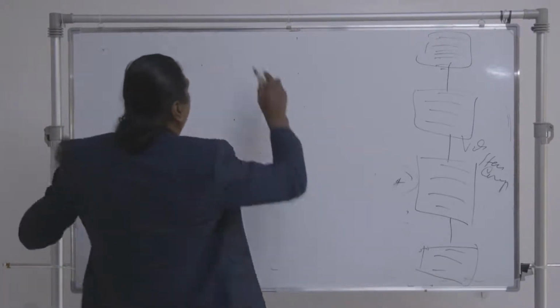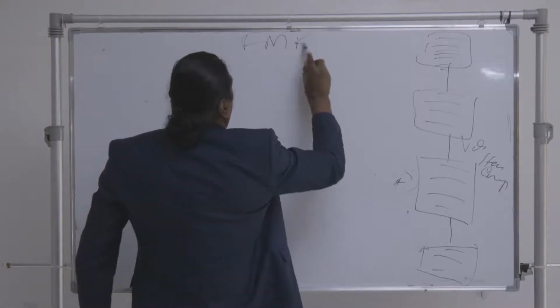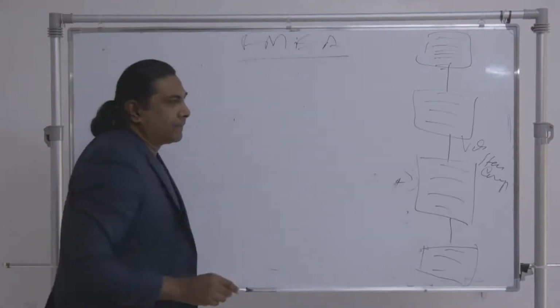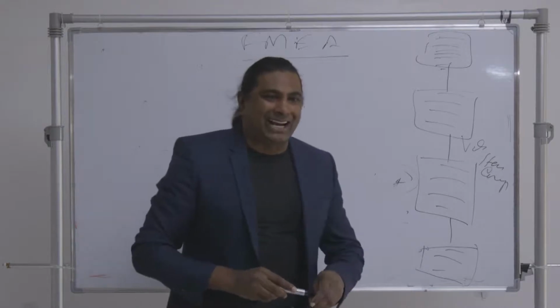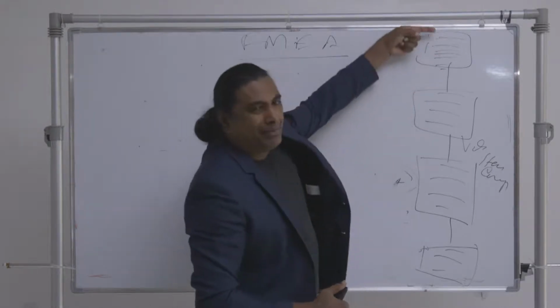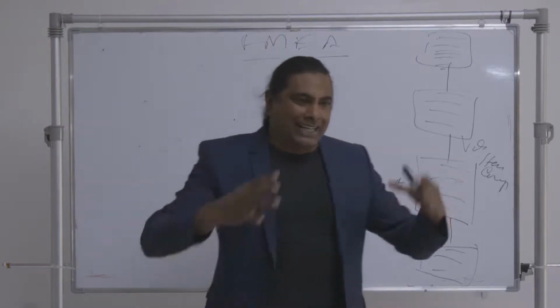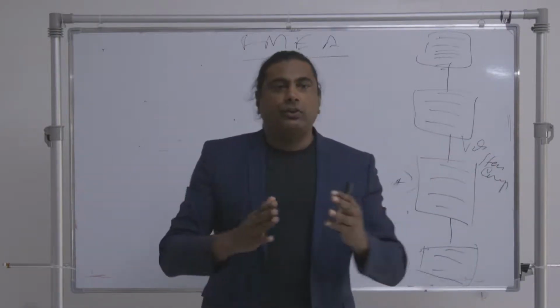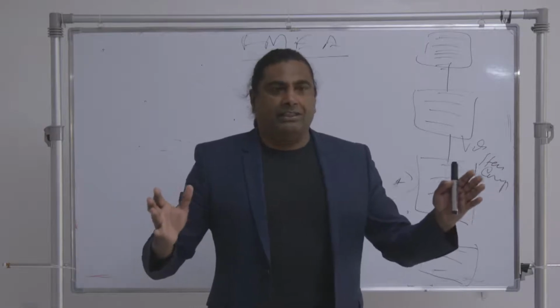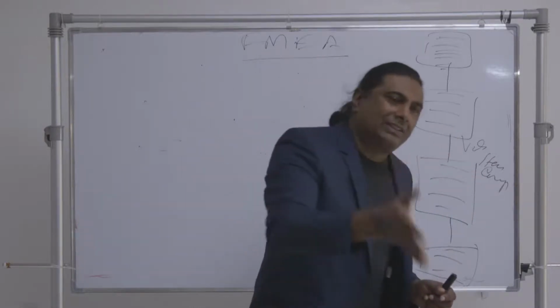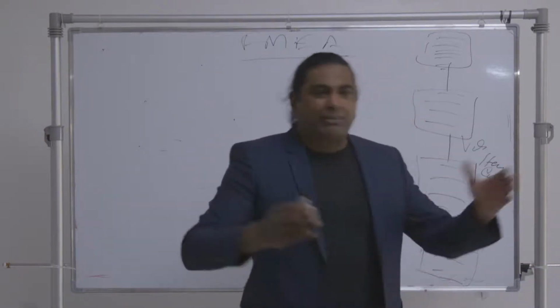Okay, it's called FMEA, Failure Mode and Effects Analysis. FMEA starts with clearly mapping your process. Okay? As I said, a lot of you in social services, there are several different processes. Some of them are generic.